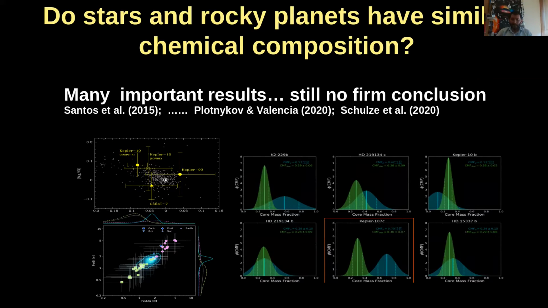So I mentioned a few works from Santos et al., Plotnikov and Valencia, and Schulze et al. The last two papers have been published very recently, and there is no need to explain these figures, but these figures come from the works that are cited.